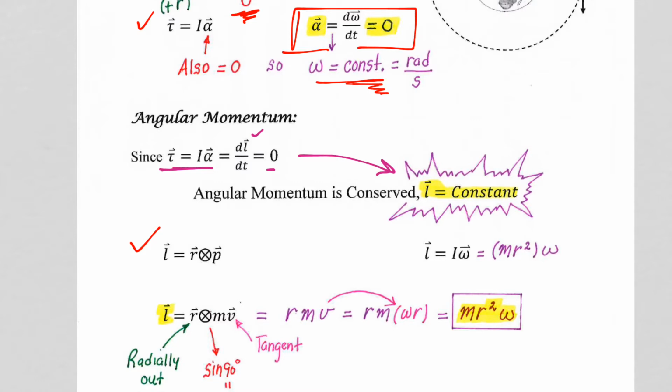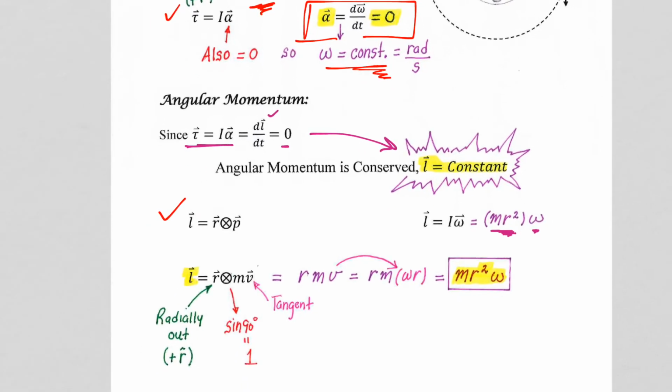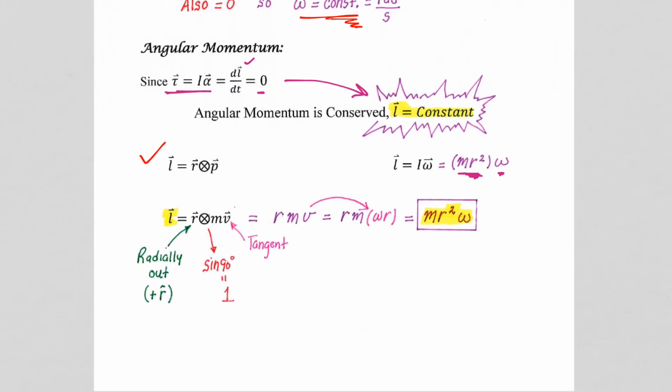L equals I omega. It's a point particle, so I is mr squared, and we get mr squared omega. And we confirm that when we do R cross P, because P is mv.